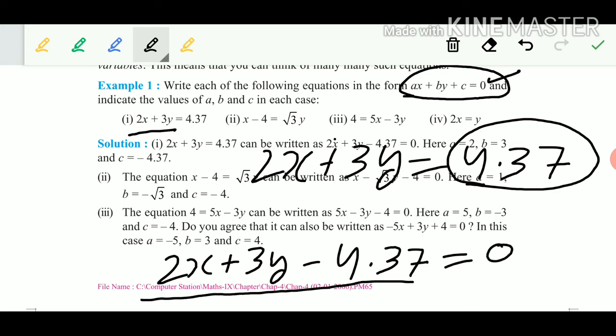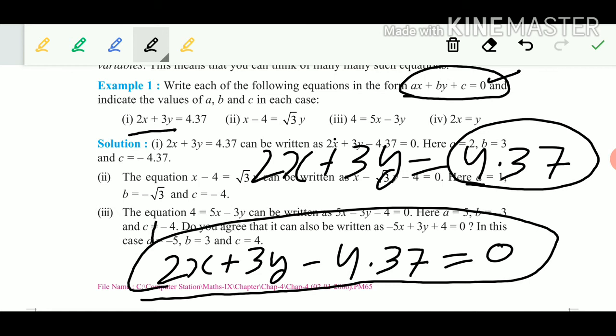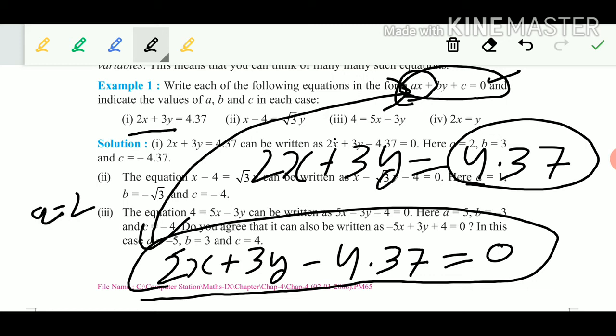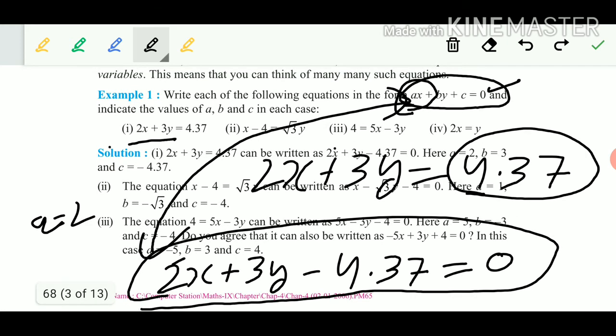Now compare this equation with the general form. The value of a is with x because a is the coefficient of x. So coefficient of x is 2. So the value of a is equals to 2. And b is the coefficient of y. So b is the coefficient of y.